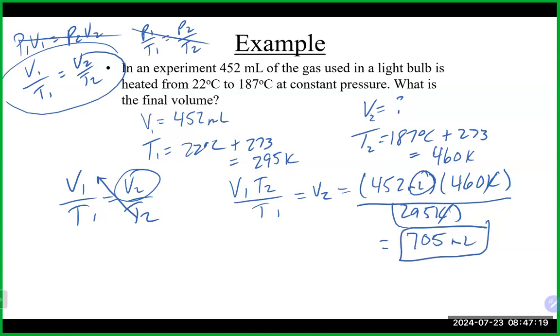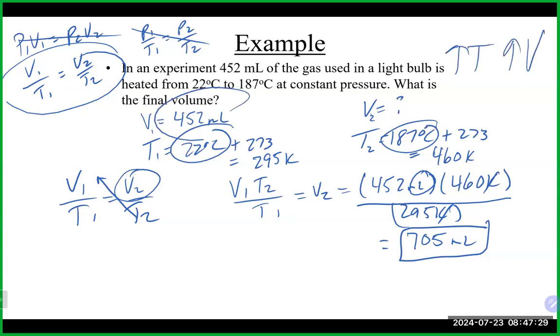Once again, we can see that originally we're at 22 degrees Celsius. We went to 187, so our temperature went up. That means that our volume should follow, and it went from 452 to 705. So again, it does make sense based on what we should see as a result of Charles' law.